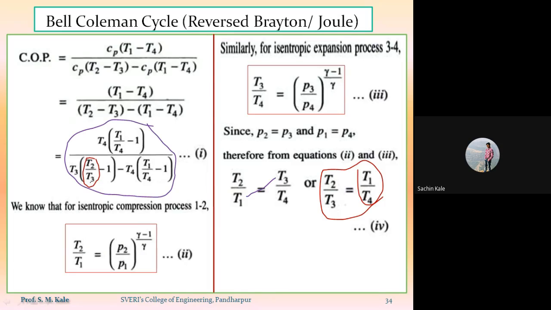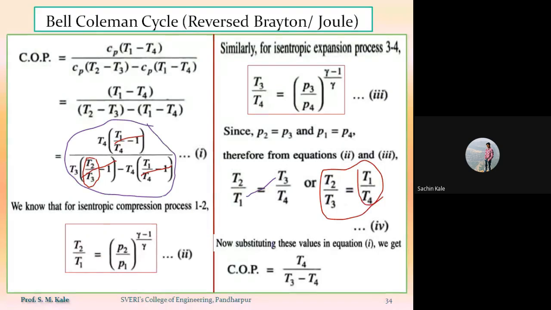So if you see the numerator and denominator, T1 by T4 minus 1 appears in both. That term will get cancelled, and finally I will get equation number 1 as COP is equal to T4 divided by T3 minus T4.